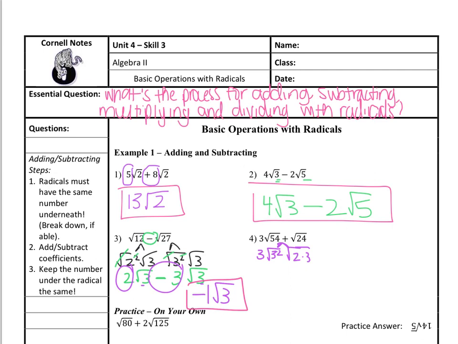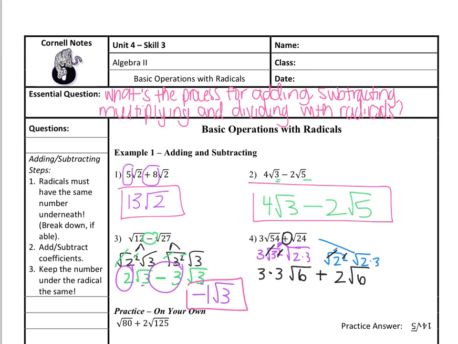And then the 24 can be broken down into 2 squared and then 2 times 3. So the squares cancel here, giving 9 square root of 6, with a big plus sign from up top, and then the square root and squared cancel, so 2 square root 6.